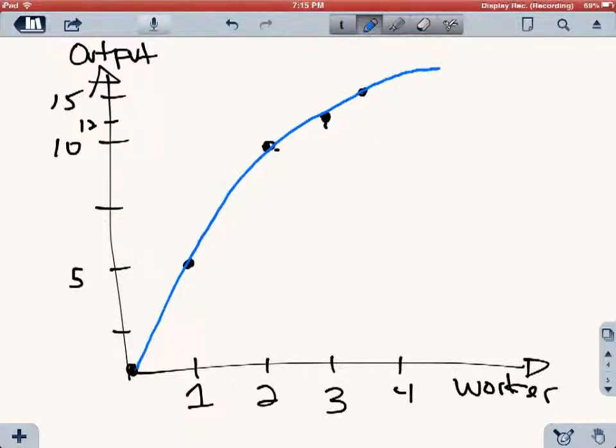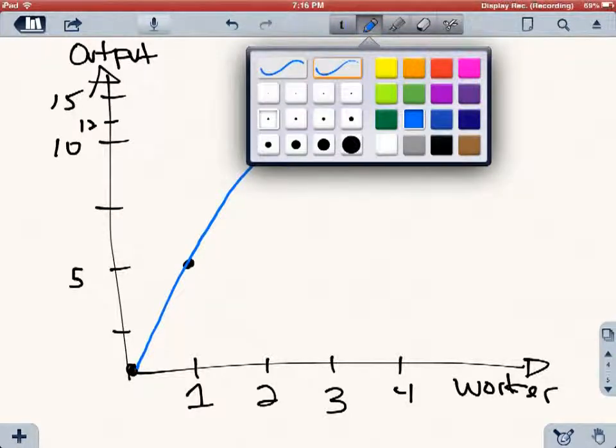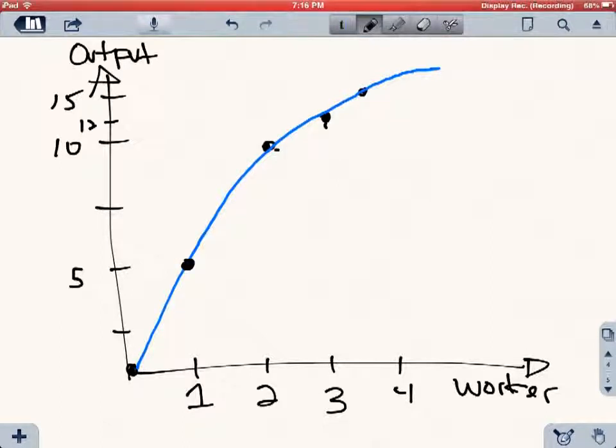Your workers are bringing more output, but it's increasing at a decreasing rate. Meaning that the change every time is actually getting smaller. That's what we have seen in the previous one, so this was 5, 4, and so forth.